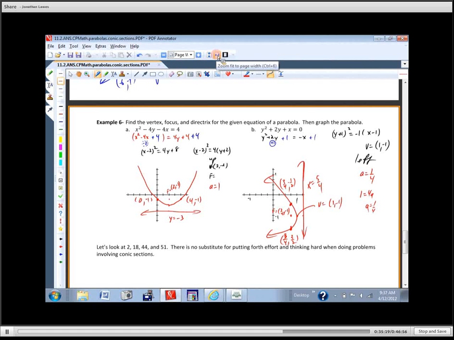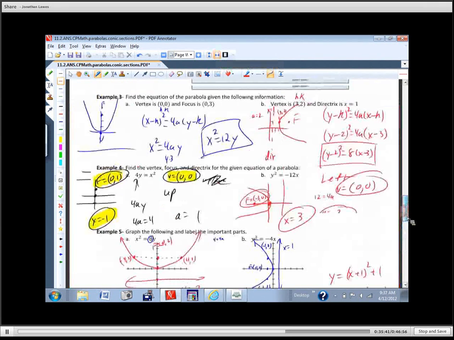Take a look at number 18. The instructions say, find the equation of the parabola described. Find 2 points that define the latus rectum and graph the equation. Now, once we know what the equation is, we can graph things pretty well. Is this like any of the problems that we did here?